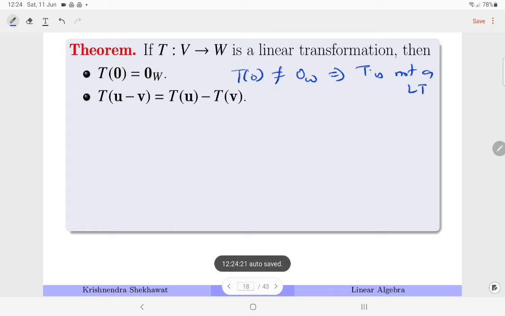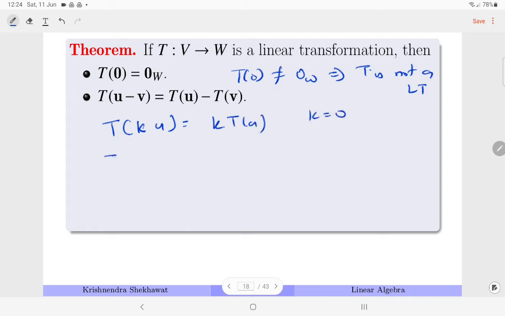The proof is very easy. If you recall, T of k dot u is equal to k T of u. So if you take k equal to 0, then T of 0 dot u is equal to 0 dot T of u.